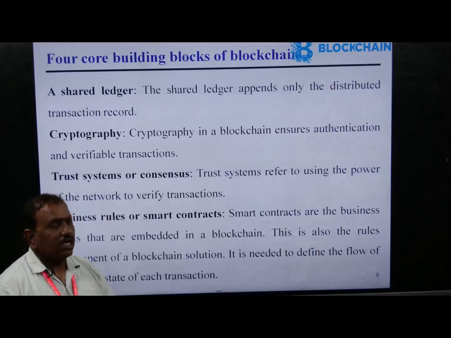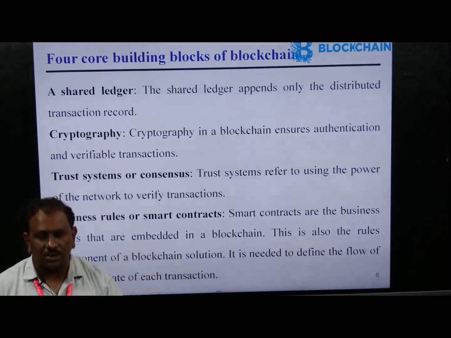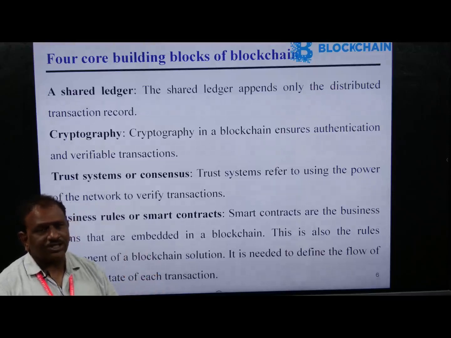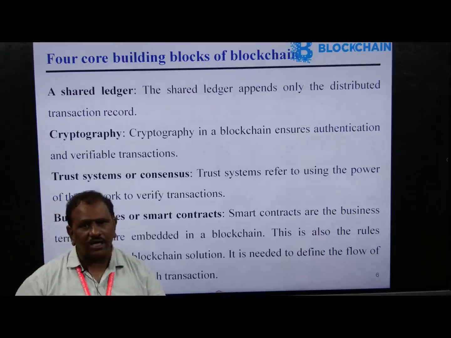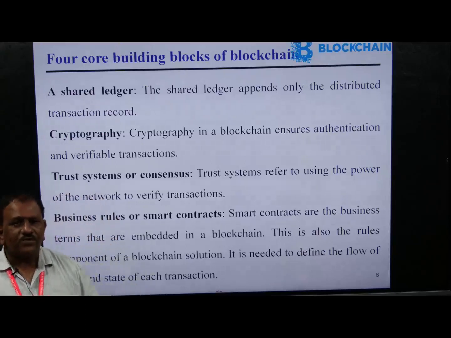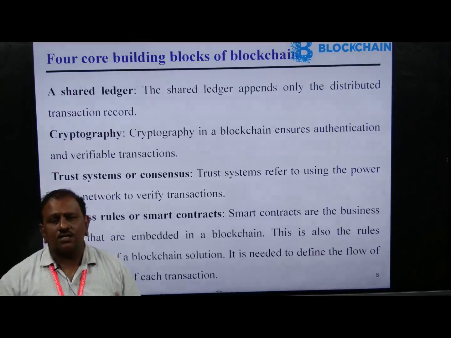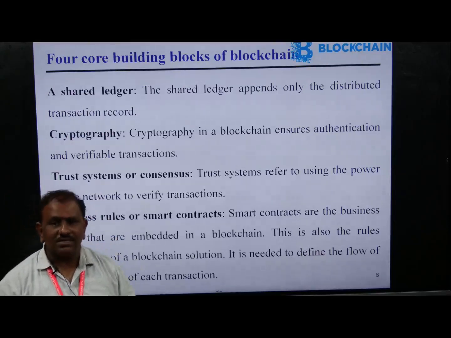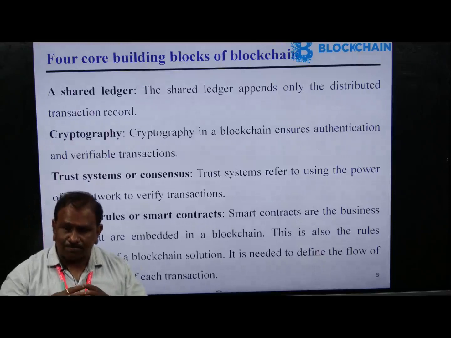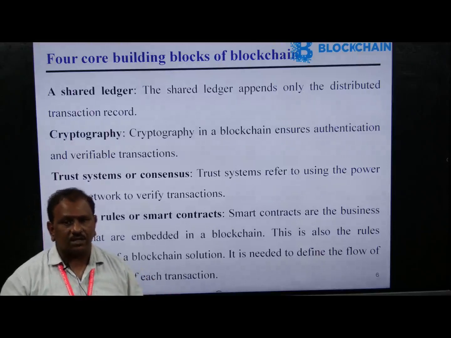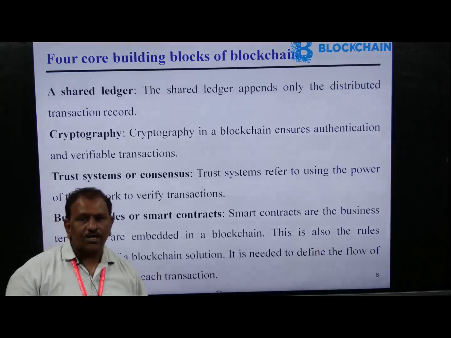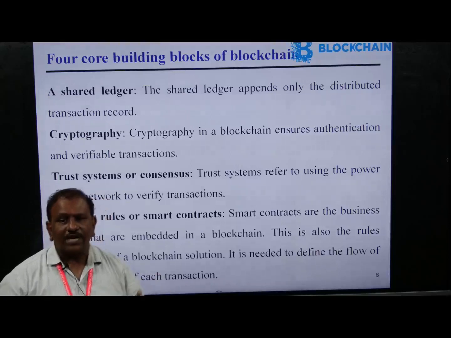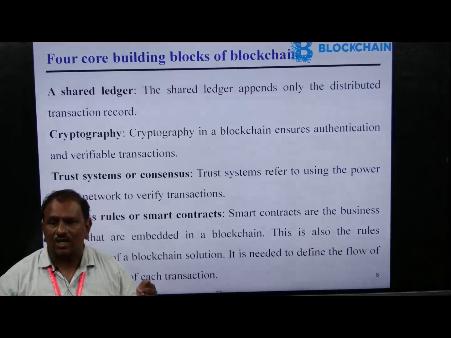What does it mean? Whenever I talk about business rules and smart contracts, generally a blockchain is meant for value transfer. When we are doing value transfer, what is the need for technological persons like us? Yes, I can use the blockchain to write my own program and deploy it on a blockchain by using a smart contract.